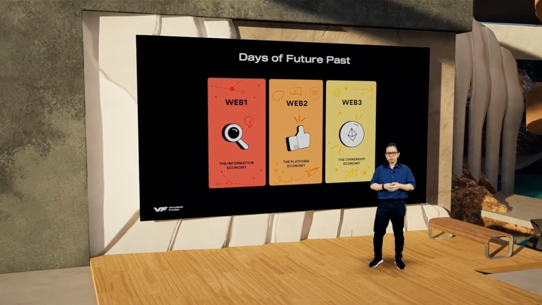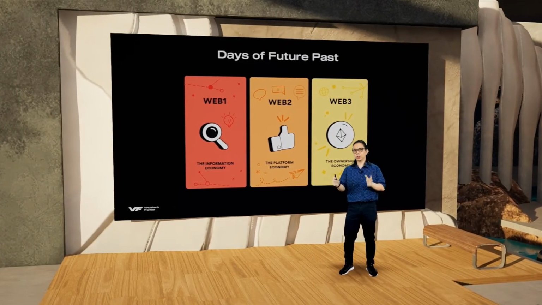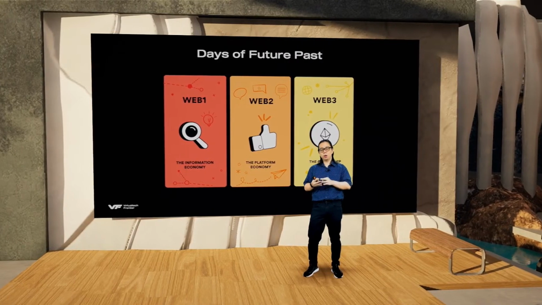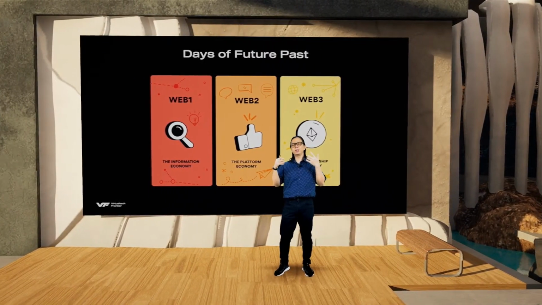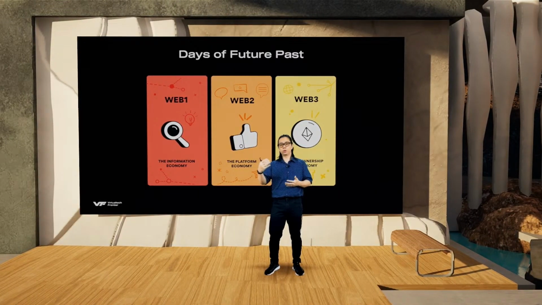So if we were to just very quickly summarize, right, the history of the internet, there are broadly three stages. Web 1, the web that was one way, can be known as the information economy, because all you were doing is going online, getting information, and that was it.